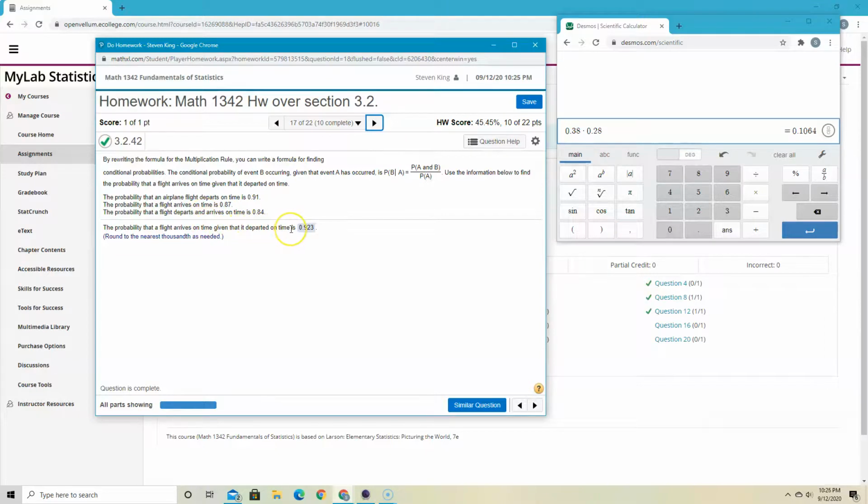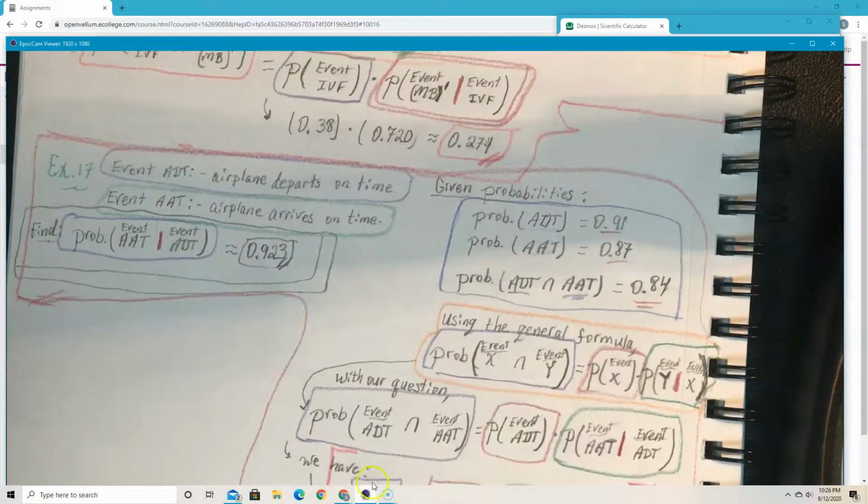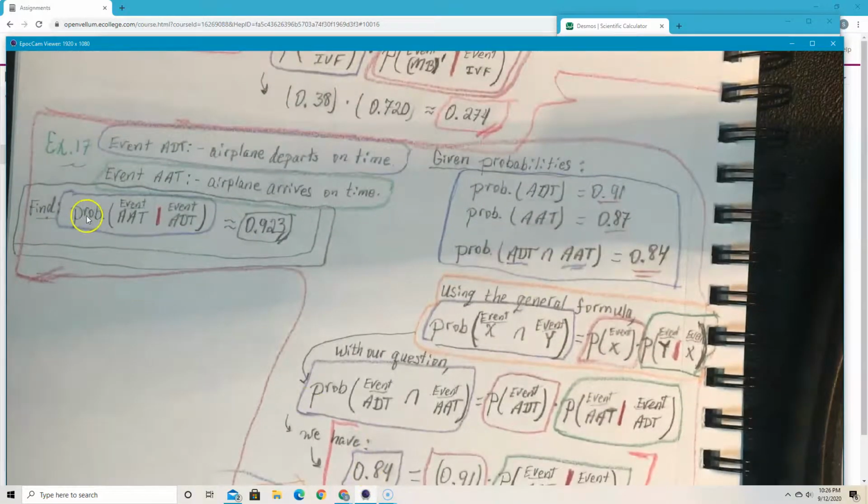Given that the first event we know occurred, given that we know the airplane departed on time, what's the probability that it arrived on time?